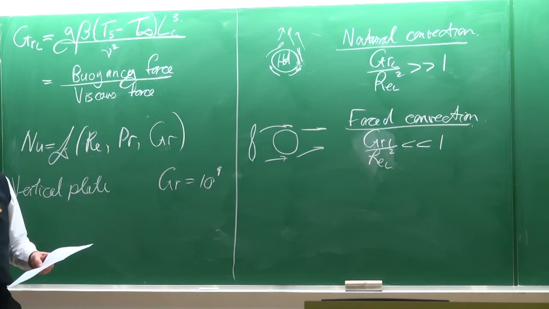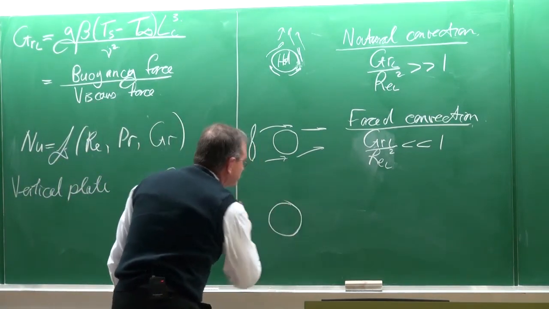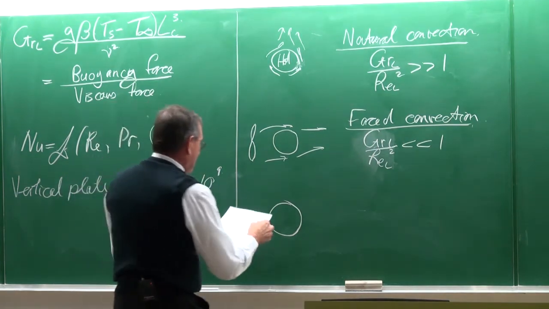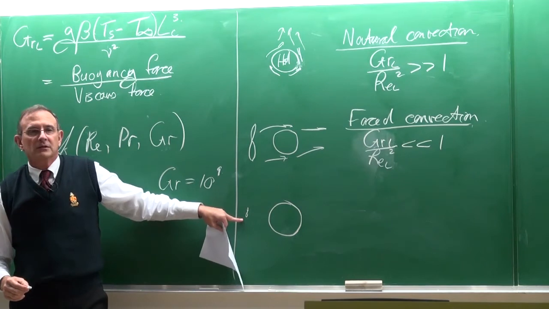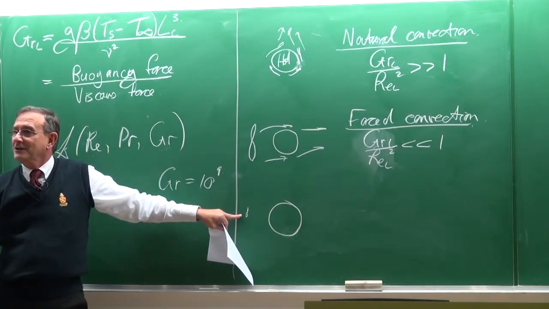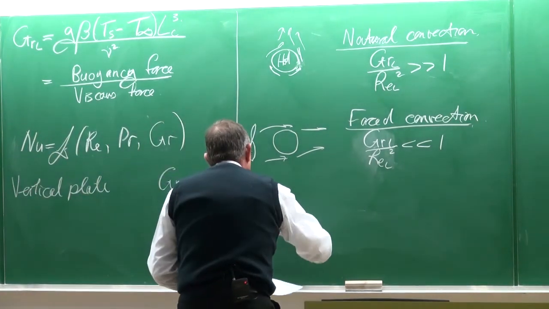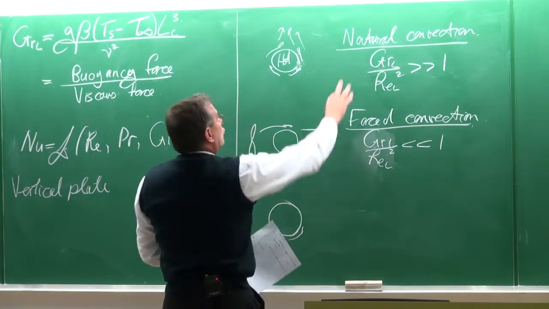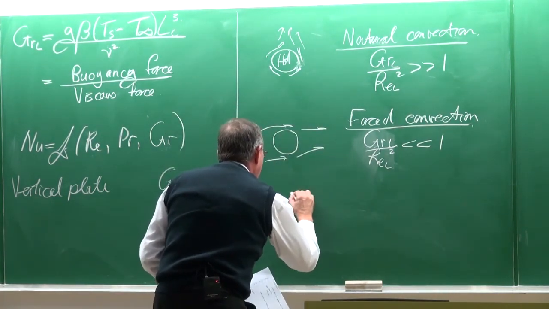And then the third category of problem is where you actually have the sphere, and what do you see here? A very small fan. Okay, so a very small one. Because now the flow is going to be considered where there's lots of natural convection.